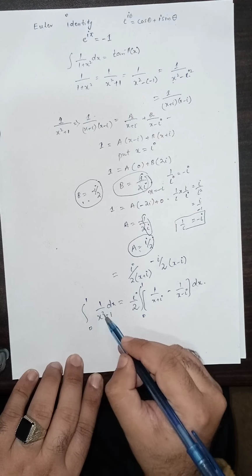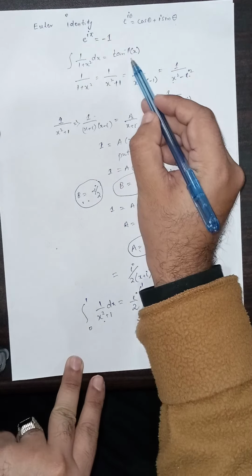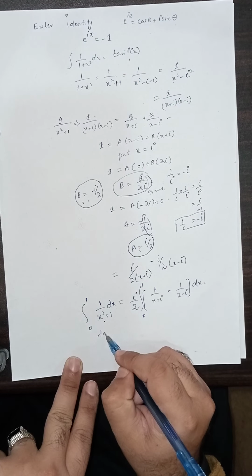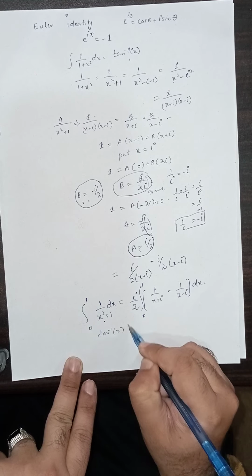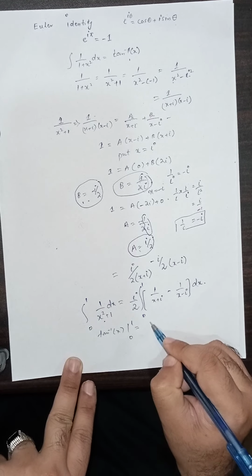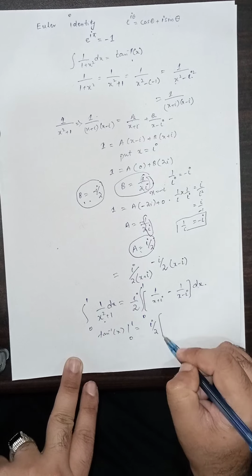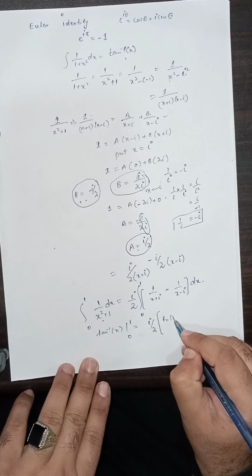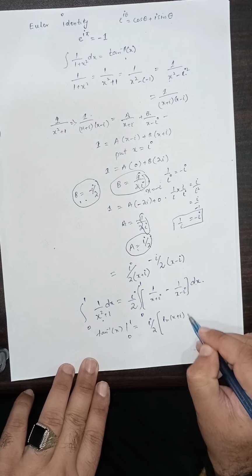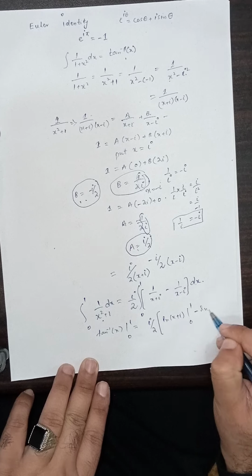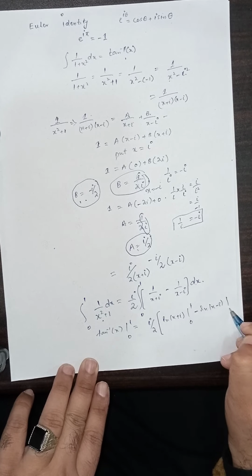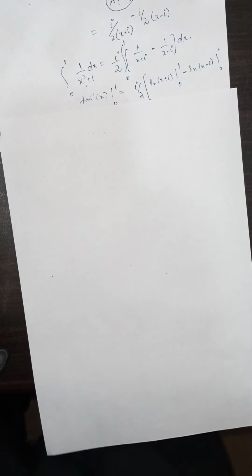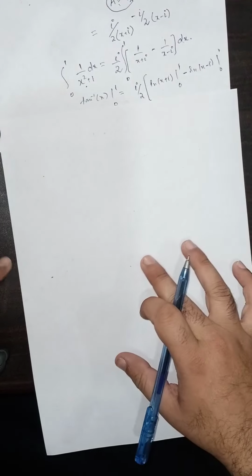So the integral from 0 to 1 of 1 over 1 + x² is equal to tan inverse of x from 0 to 1, and i by 2 will stay in its place, and the integral of 1 over x + i is log of (x + i) from 0 to 1 minus log of (x − i) from 0 to 1.